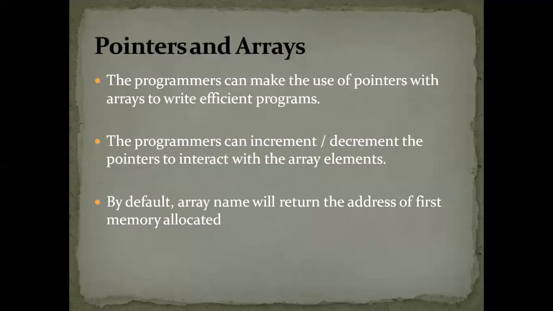Next concept, that is pointers and arrays. An array can be defined as a collection of logically related data elements of similar type. The programmers can make use of pointers with the arrays to write efficient programs. To write an efficient program, what does the programmer do? He makes use of pointers with the arrays.